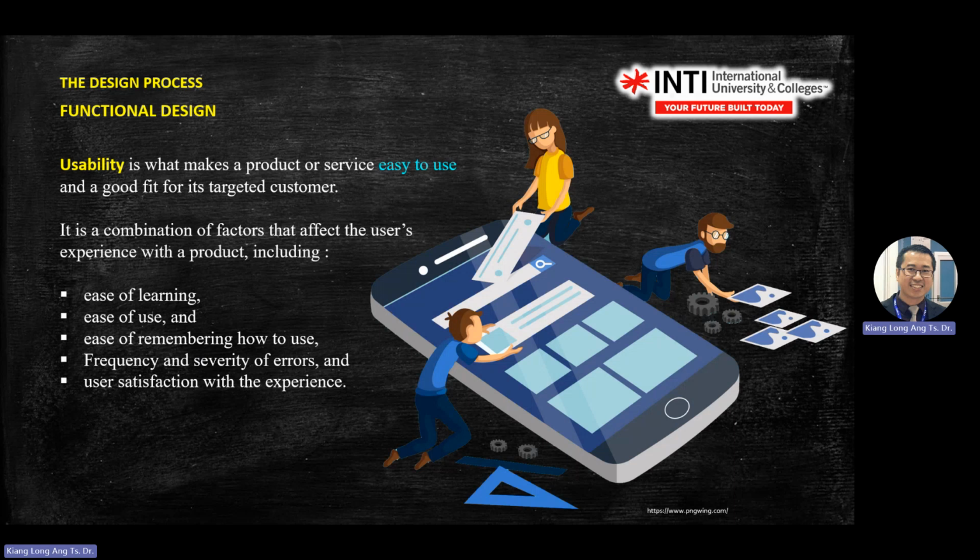So if we go back to the milk products, if the question still asks you about milk products, how do you elaborate on the usability of milk products? Does your milk product easy to use or not? Is it easy for the user, intuitive, meaning common sense, to open up the container?